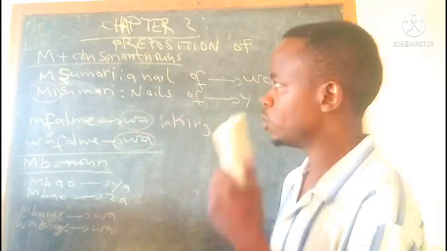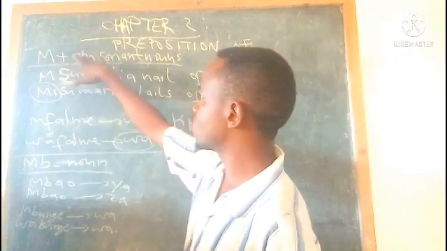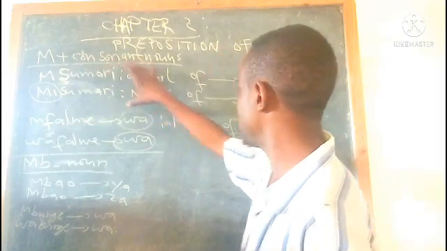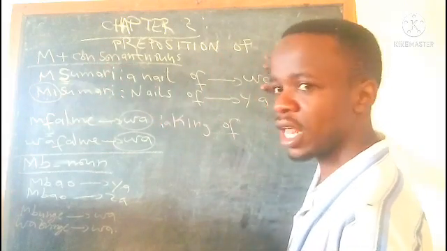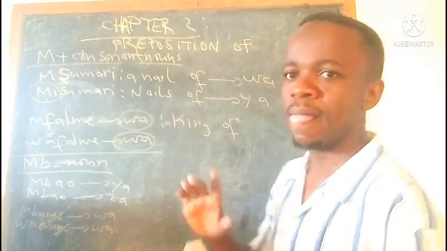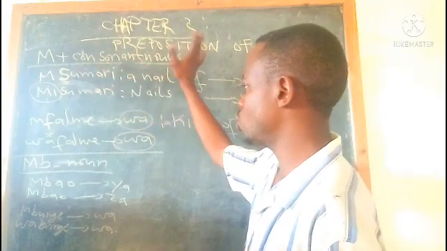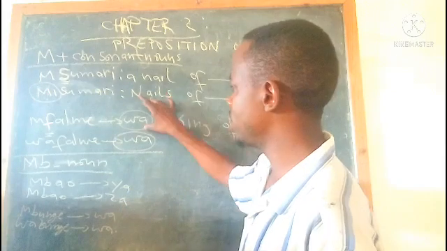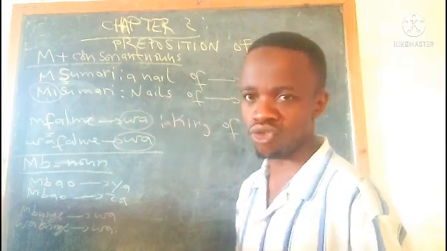Something you have to keep in your mind is that when an M plus consonant noun describes something, you put wa in singular and ya in plural. But when an M plus consonant noun describes someone, you put wa in singular and wa in plural.